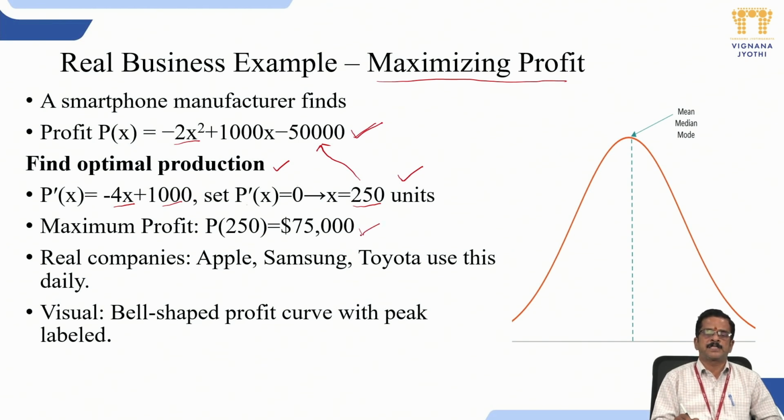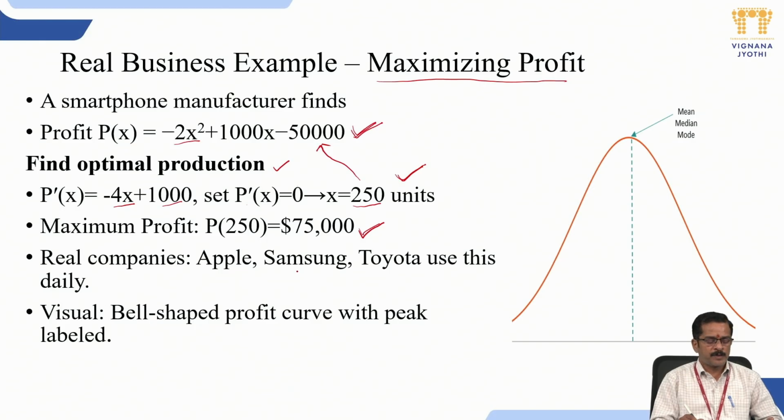This is the maximum profit. So he defined the profit function and found the optimal production to attain maximum profit. Most companies like Apple, Samsung, and Toyota use this derivative concept daily to optimize their production and profit.